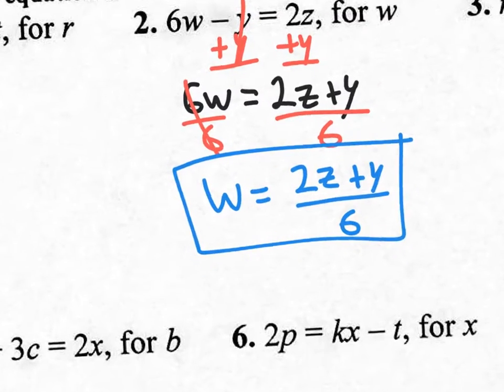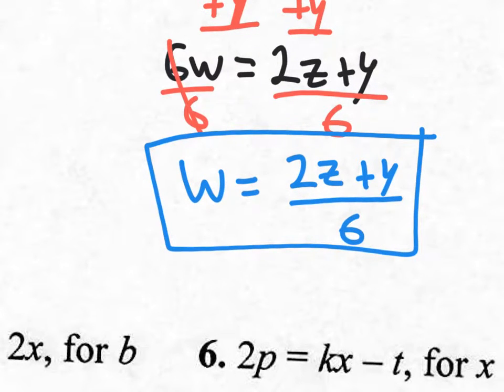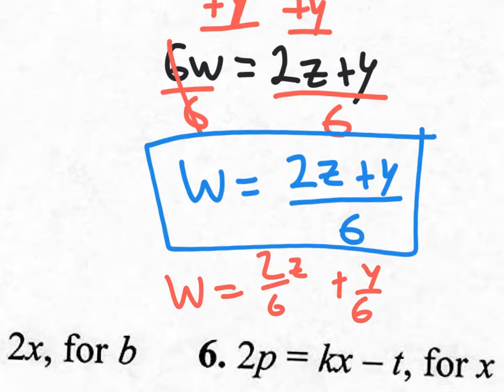Now, let me tell you, just in case we're doing, let's say, a multiple choice final exam, and you don't see this on your multiple choice, they might write it like this. W equals, and when they split it, the 2/6 z plus y over 6, the 2/6 could be reduced to 1/3.